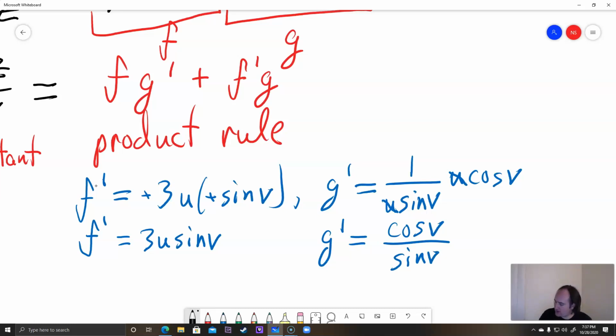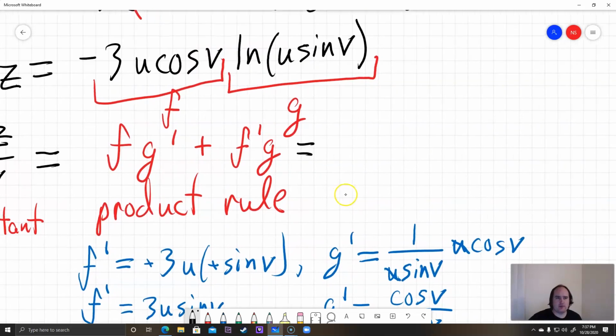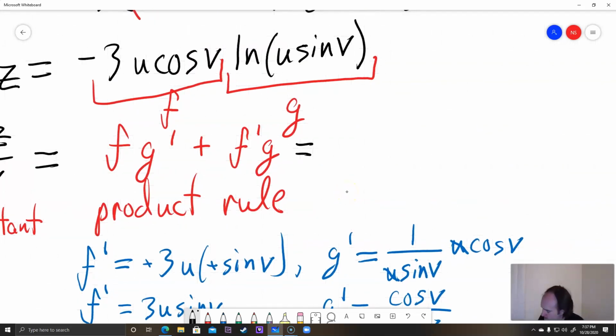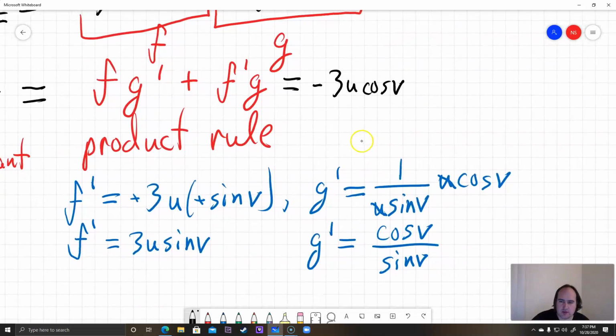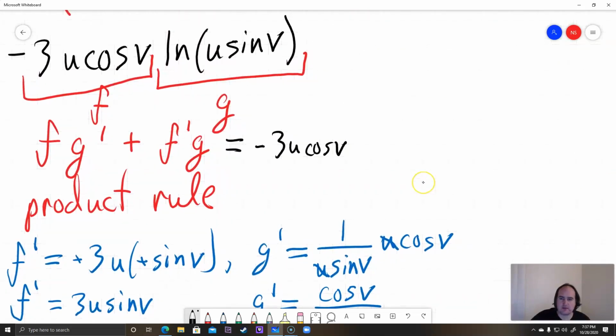So plugging everything in here, we've got f g prime, so that's going to be negative 3u cosine of v times g prime, which was cosine of v over sine of v.